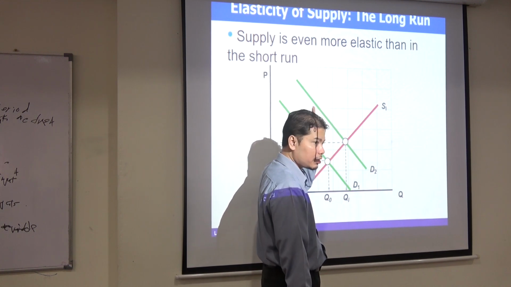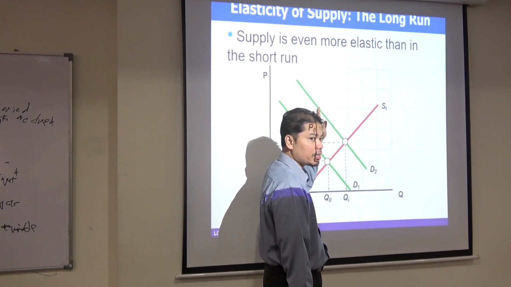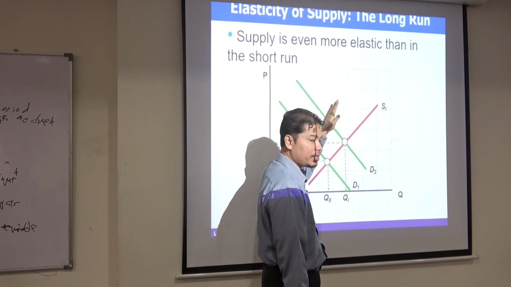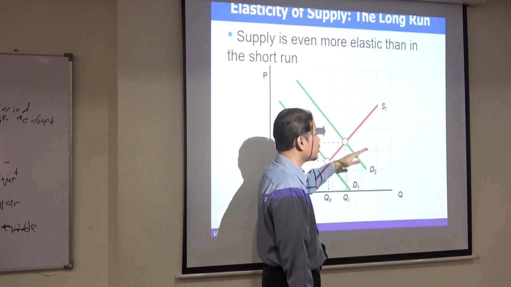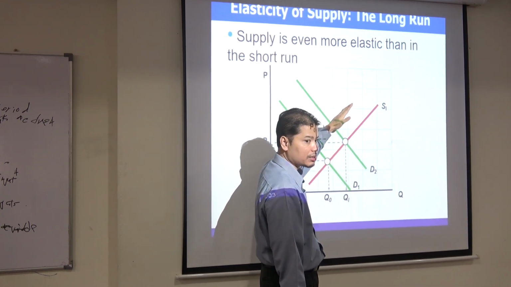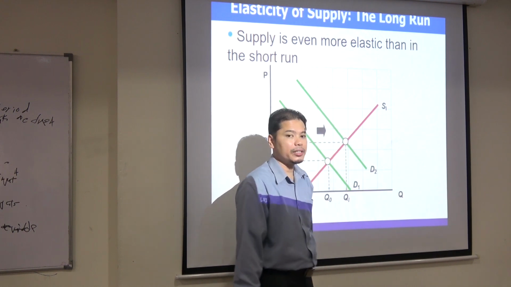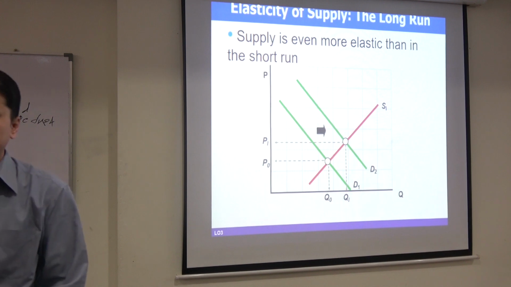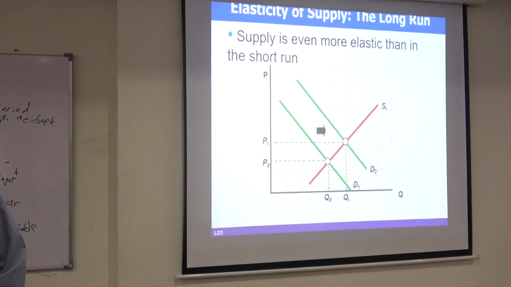In the short run, the ability to increase output is there, but very limited, so highly inelastic supply. But in the long run, the supply curve will be relatively more elastic. So the ability of the producer to respond to higher prices in the market will be much better when the producer is able to make changes to all the inputs that they use in the production.